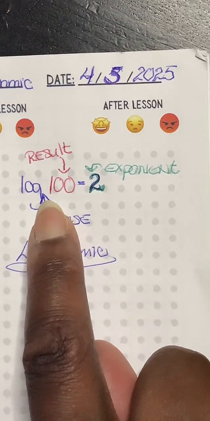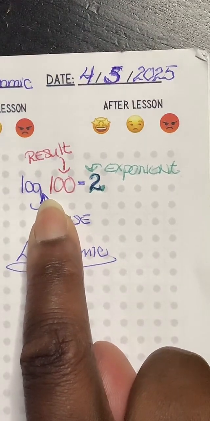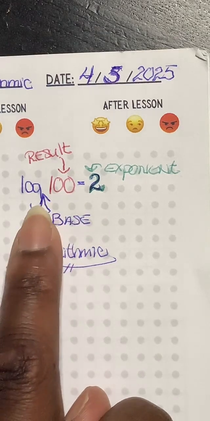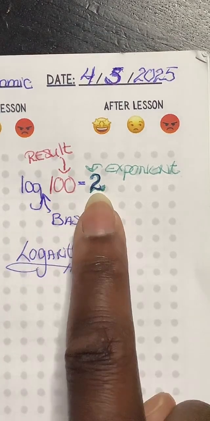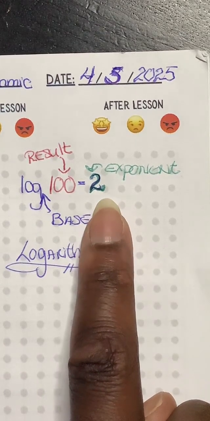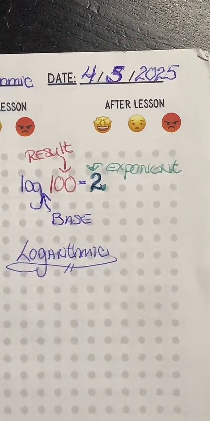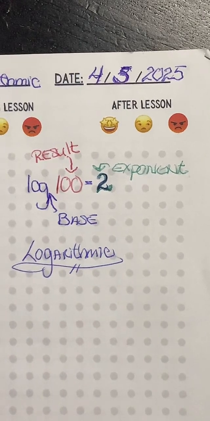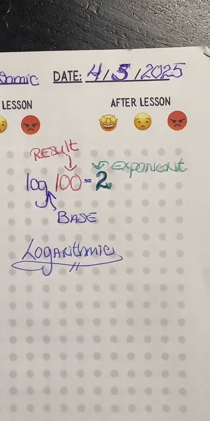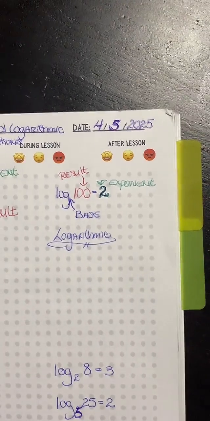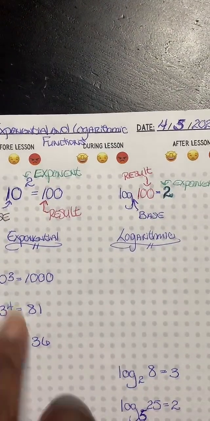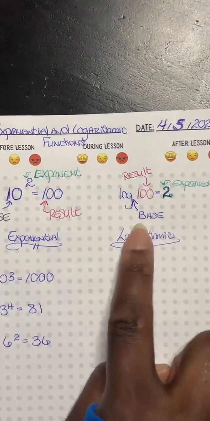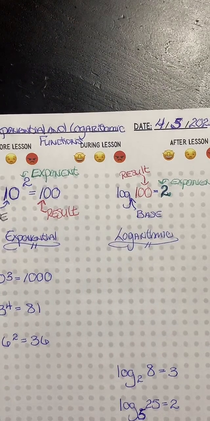Your base goes right next to the log, your result goes next to your base, and it will equal your exponent. So the best way is we're going to go back and forth. We're going to look at what it looks like as an exponential and what it looks like as a log.